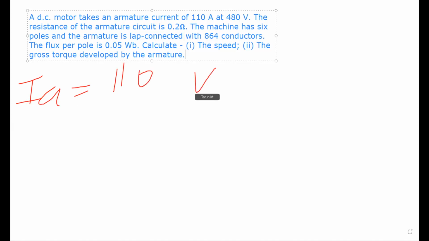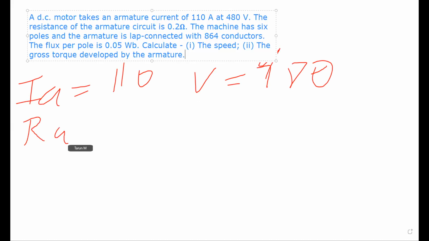Voltage 480. Armature resistance 0.2. Number of poles 6.